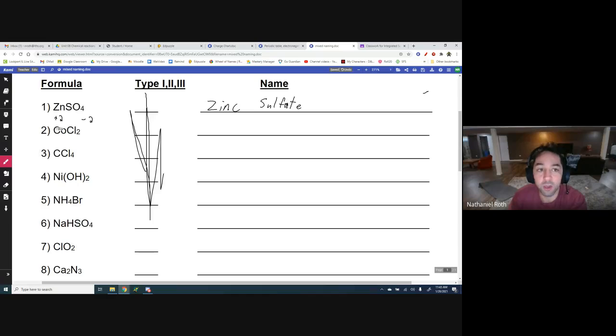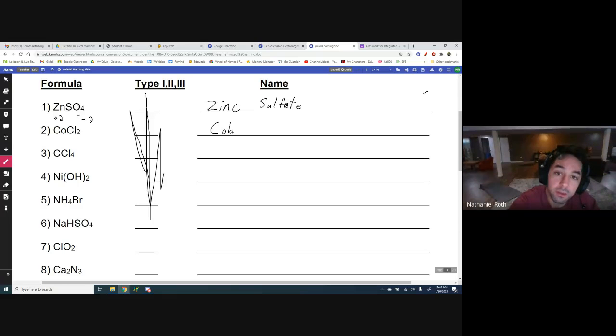So since this cobalt must have a positive 2 charge to balance out the negative 2 charge, that means we need a Roman numeral 2 after the cobalt. So that's going to be cobalt, Roman numeral 2, because it has a charge of 2, chloride.